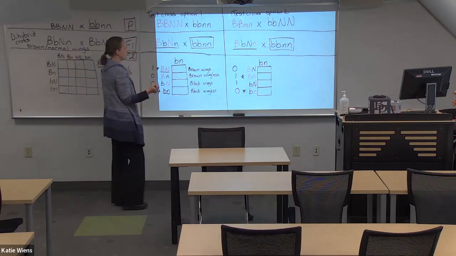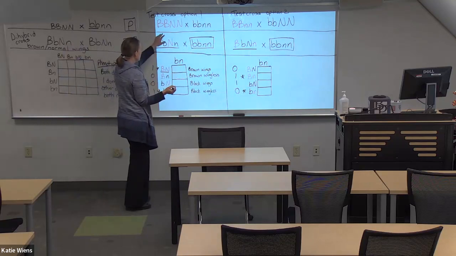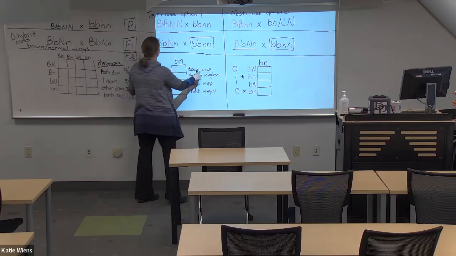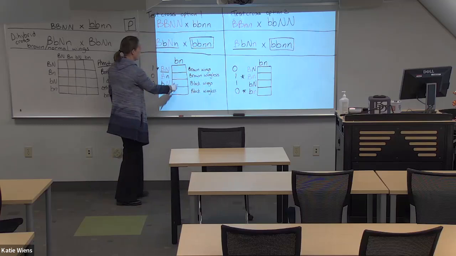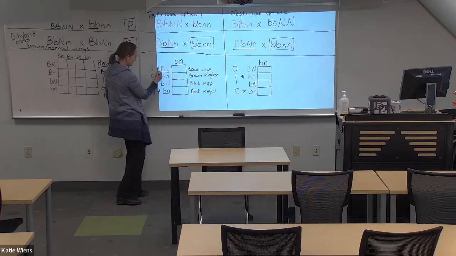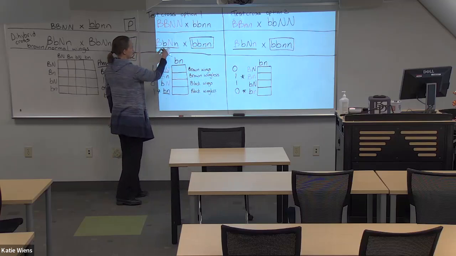And we're always going back to, on this one, my maternal had brown and with wings, and my paternal had black and wingless. That's why it's easier to go back to the phenotype, and not to what's in here, because this is always recessive, so you can simplify it by just looking at the gametes from the female that you're getting over here.